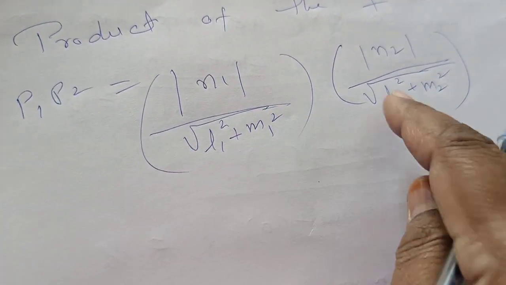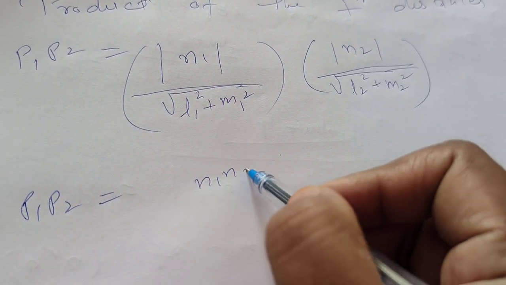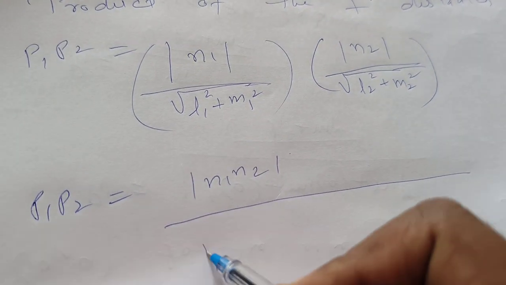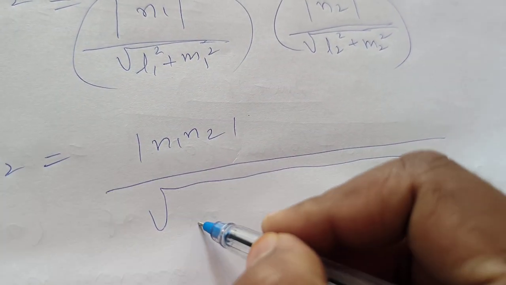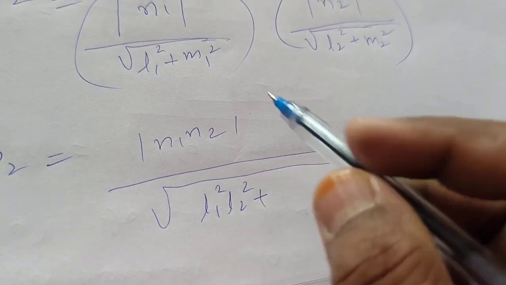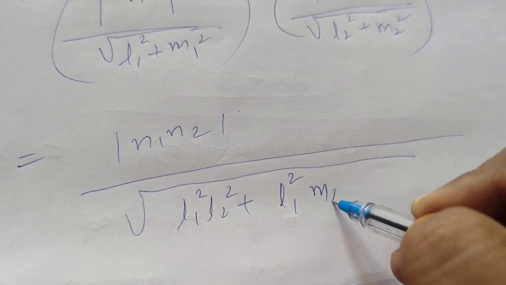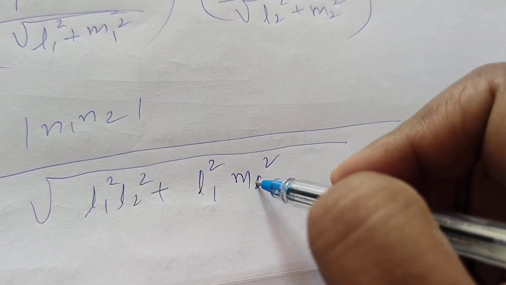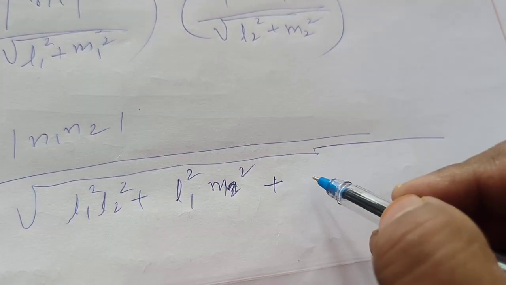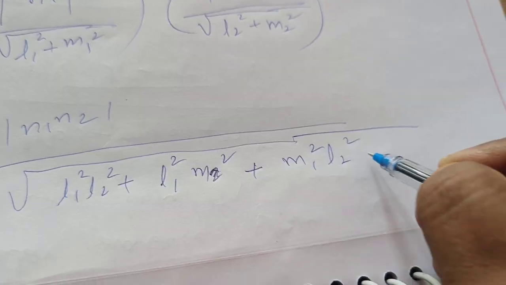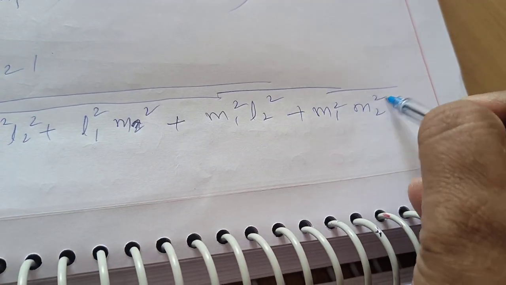Now in the numerator we have N1 N2, so P1 P2 is equal to N1 N2 by under root, in the denominator L1 square L2 square plus L1 square M2 square plus M1 square L2 square plus M1 square M2 square.